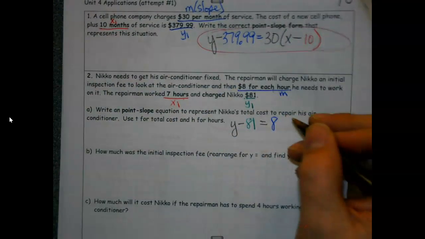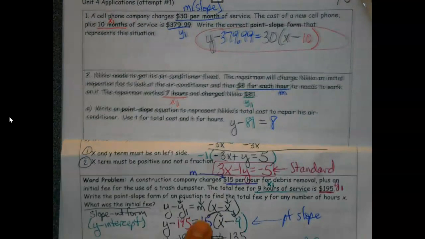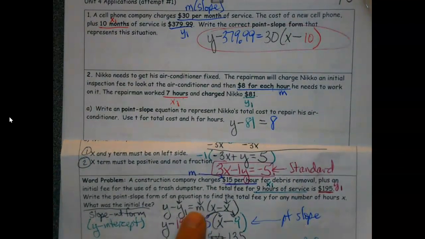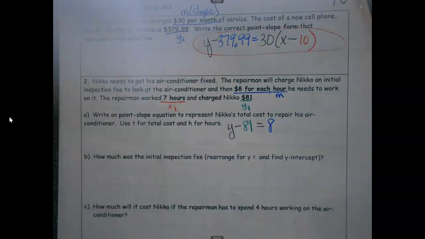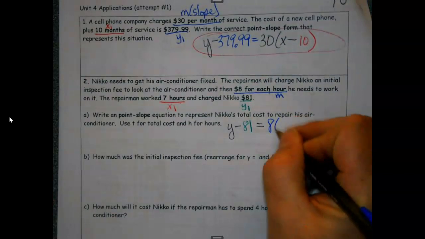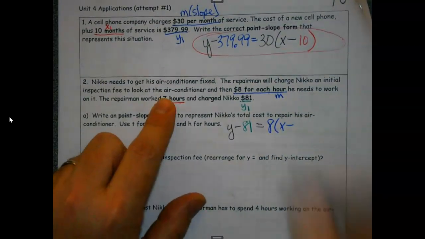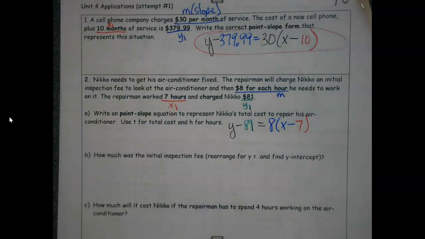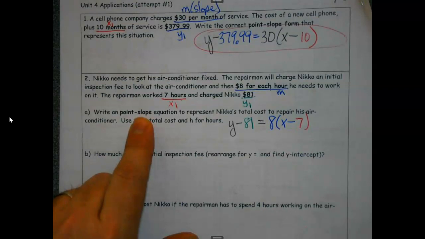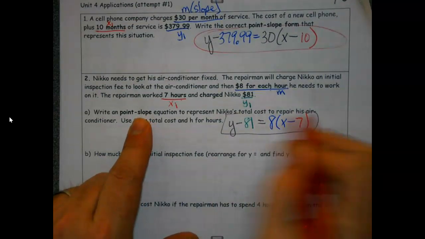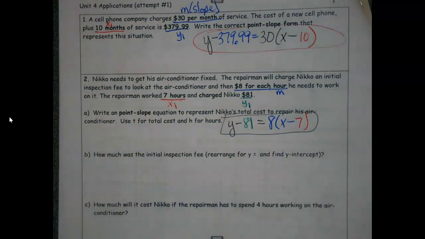And again, if you need help on the form, you should have it right here in the word problem on your notes. It just asked me for point slope here. Okay, for that step, I'm done.